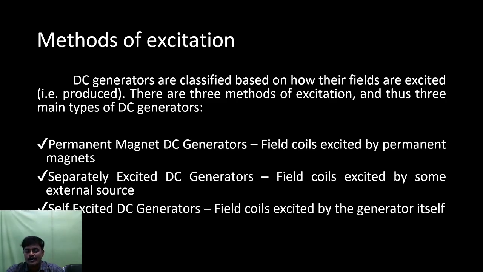Here the field coil is excited by the generator itself. So no need to give any external sources or use any permanent magnet. By means of the generator we can excite the field coil. It again and again produces voltage and gives a partial amount to the excitation coil, and it runs to get the desired voltage value.